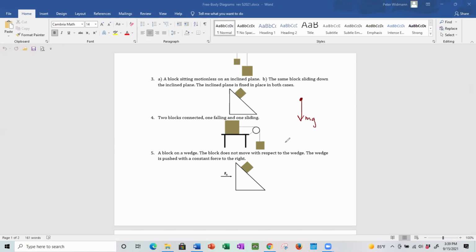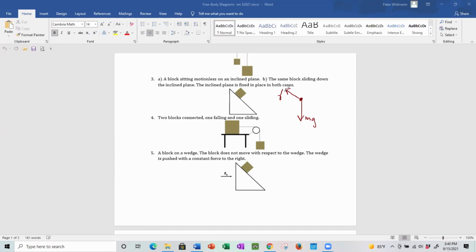Okay, what else? And then you have a friction force since it's moving. Okay, and what direction is the friction force? It'll be going opposite the way the block is moving down. So same as before, up to the left. There we go, correct. And there's another force.